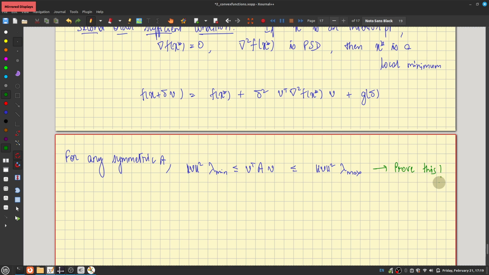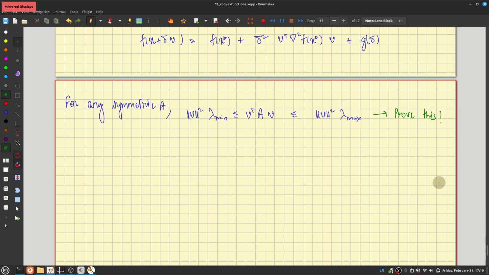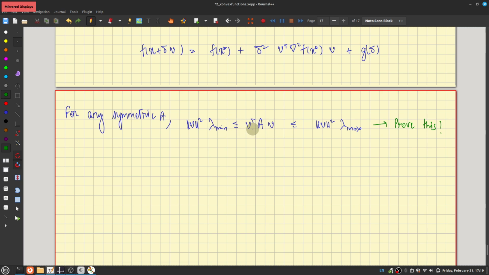Just select the eigenvectors of A to be an orthonormal basis for R n. Using that, try to prove this particular statement. So this means that v transpose the Hessian of f at x star times v, if v is a unit vector, is greater than or equal to lambda min.